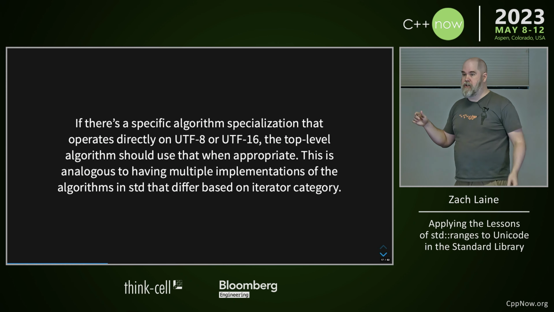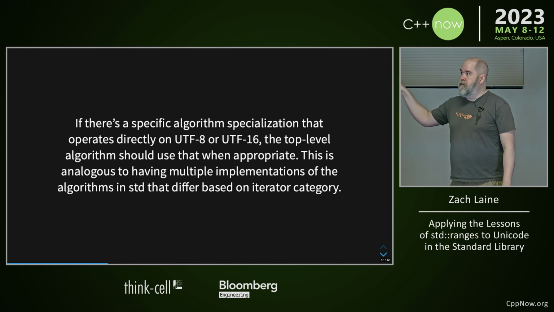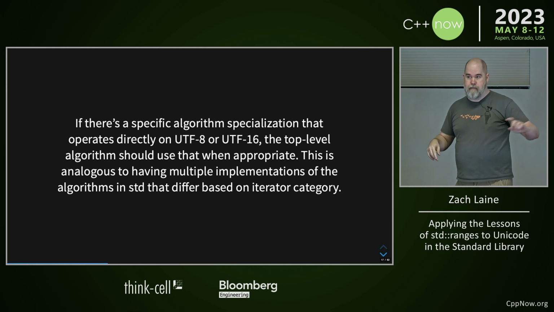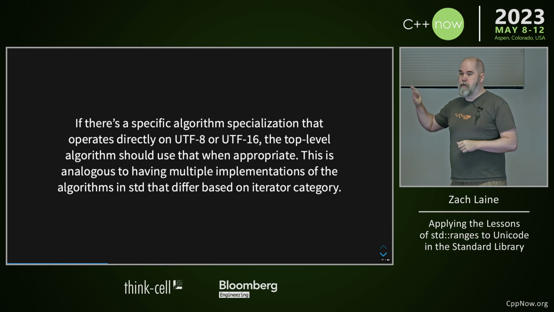An example is normalization, where if you have UTF-8 that you're processing, a lot of your code points are going to be composed of a single code unit. It's because it's ASCII. You're just like, is that less than 128? I'm done. I don't have to do this whole separate step. I don't have to invoke all the logic inside of the transcoding operation, right? So there are some cases where that's more efficient. And so there should be normative wording suggesting that, hey, if there's a way to keep this in UTF-8 or UTF-16 on the input side, just do that, right?